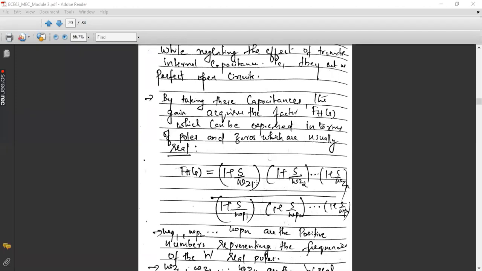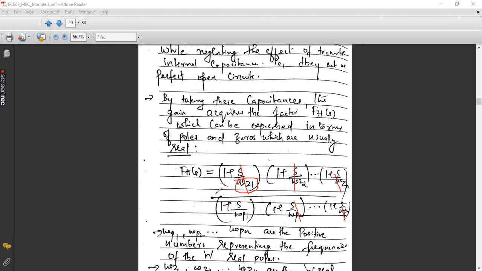At the same time, omega z1, omega z2, omega zn are lying at very high frequency. What will happen if the frequency is very high? The denominator term becomes high, and anything divided by infinity becomes zero. So all these terms become zero. It will become 1 plus 0, 1 plus 0, 1 plus 0, so that will be 1 only.